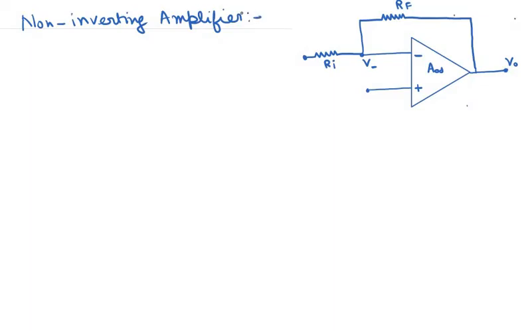So in a non-inverting amplifier, the input voltage is provided at the non-inverting terminal. Of course, you can put a resistor over here. This resistor is actually put for safety, but there is no need to actually put the resistor. And then we put this voltage source V, and this point is actually connected to the ground.